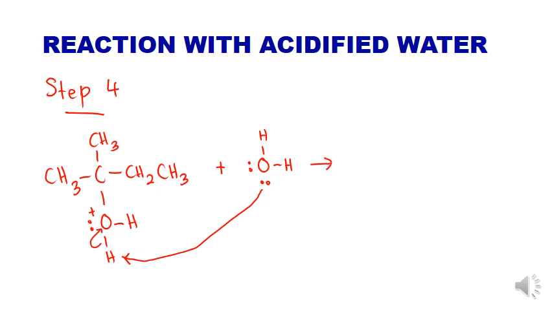So it will produce a stable alcohol, and the protonated alcohol now only has one hydrogen atom and gains a lone pair.